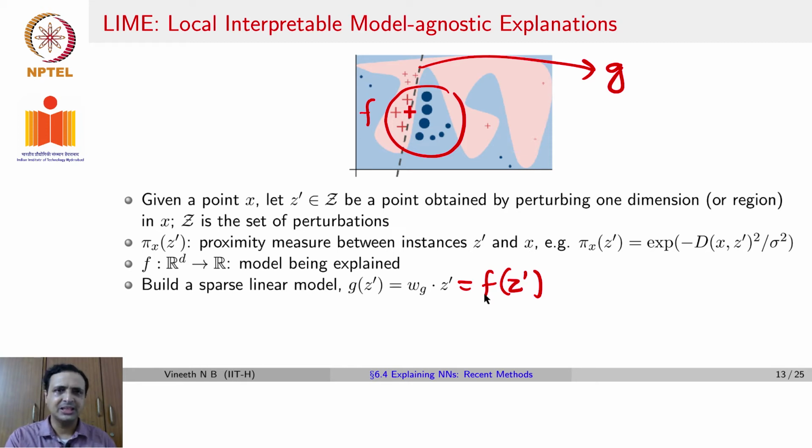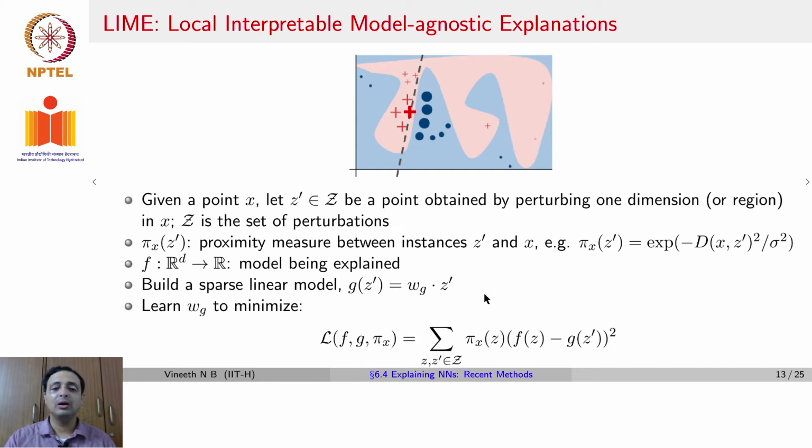So in a sense, g is like a local approximation of f. f is what occurs across the domain of the inputs. If we take a particular example and perturbations of that example around its neighborhood, then g would be a linear model that approximates the original decision surface of f in that local neighborhood.